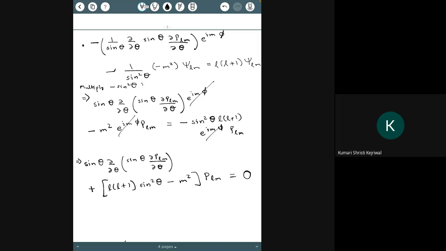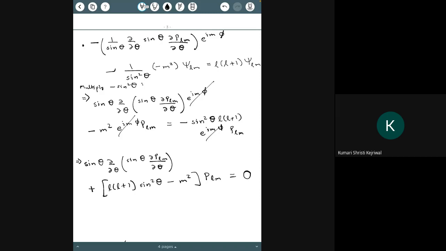So now we have reduced the equation to a differential equation only in theta, and we only need to determine the P_l^m part of the wave function from this equation.